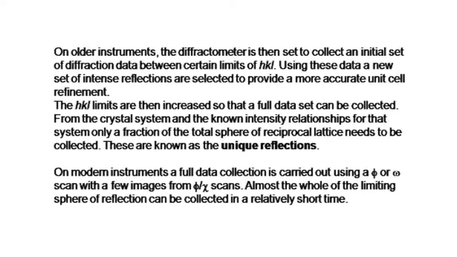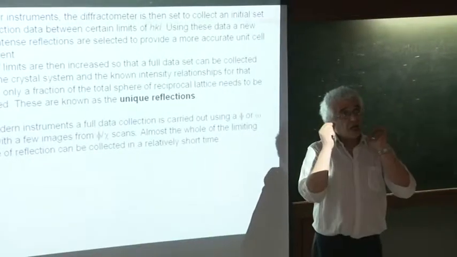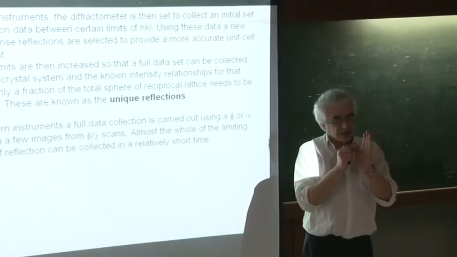Because, in fact, the old diffractometers needed that because they drove to each individual reflection. So it would say, I have a reflection here at these 4 angles. The diffractometer would then move all its bits so the crystal was correctly orientated for those 4 angles, and it would then collect the peak.